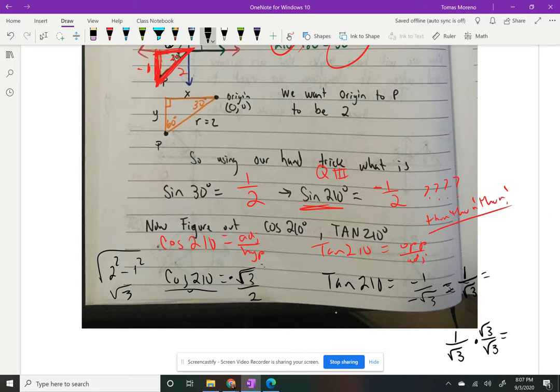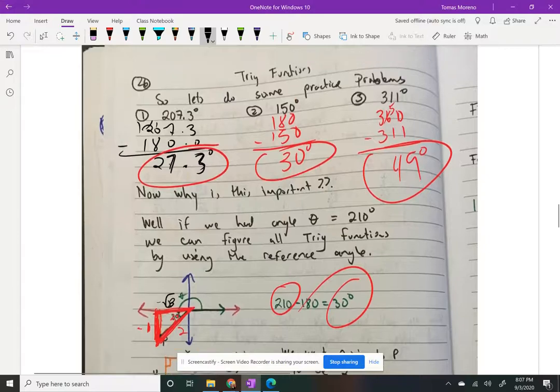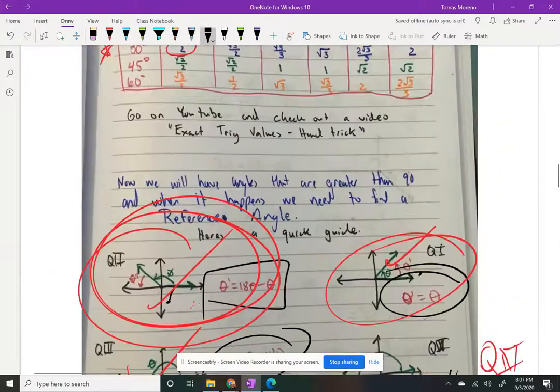This helps make things more pleasant on the eyes of mathematicians, because we don't like square roots in the denominator. So we rationalize it, and it becomes square root of 3 over 3. And that is, lo and behold, in our little chart.